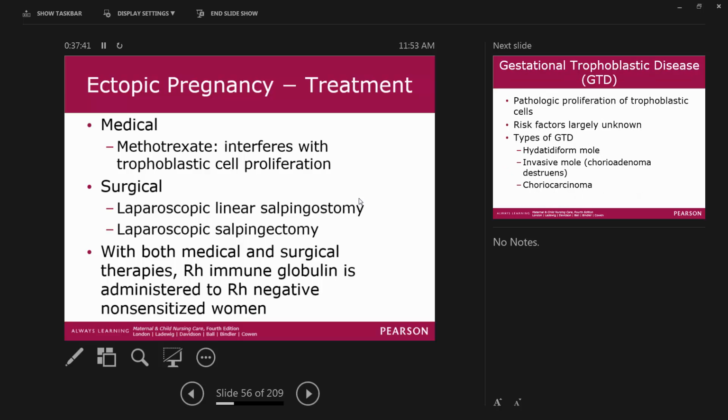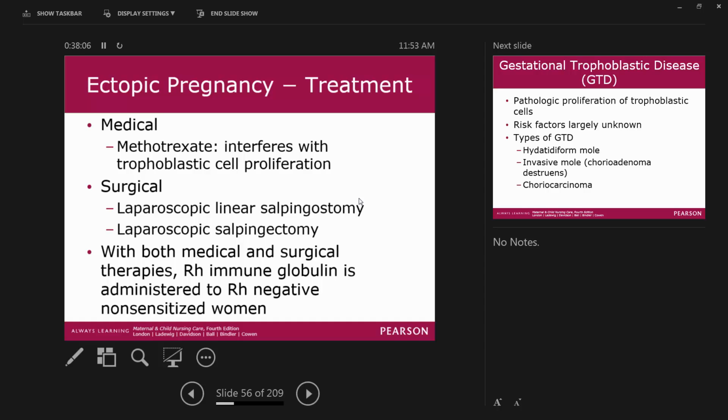All right, so here are our treatments for ectopic pregnancies. This drug is not very effective, because sometimes we don't catch these tubal pregnancies until they're a little more advanced.